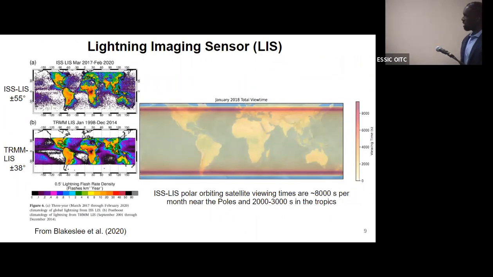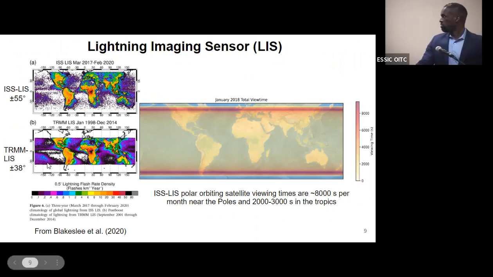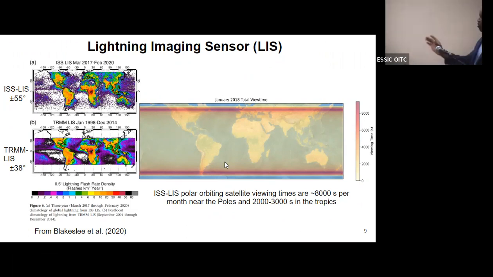So the LIS data is polar orbiting. On the TRMM, it's from 38 south to 38 north, and on the ISS LIS, it's from 55 south to 55 north. And it's polar orbiting, so that means that your viewing times are going to be higher or larger in the polar areas compared to the mid-latitudes and the tropics.